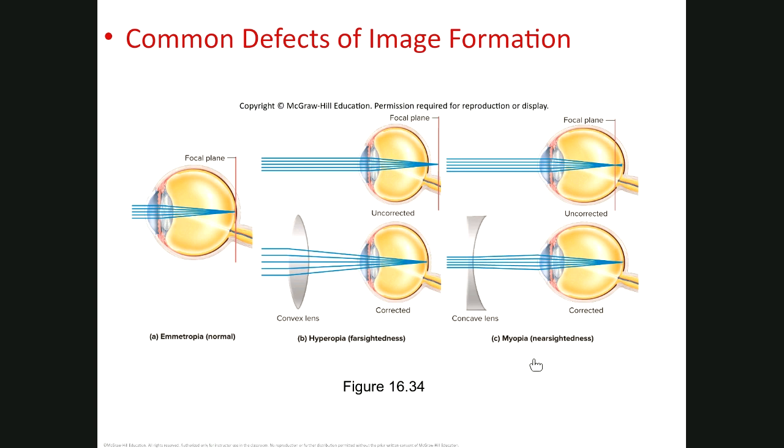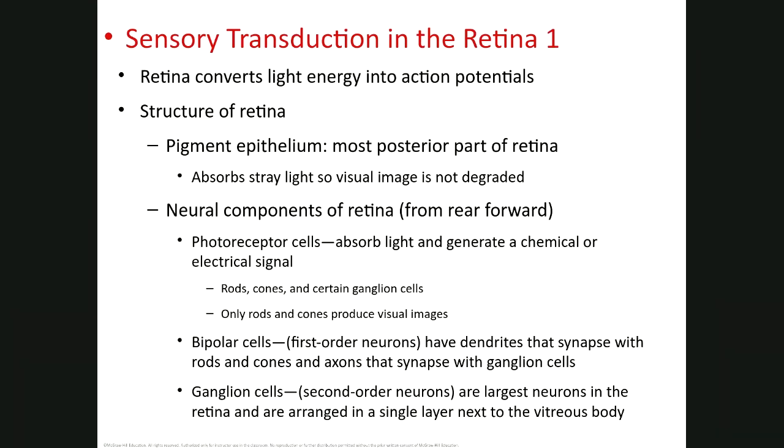Now, as we move on, you will find out that the retina is able to pick up vision because of transduction. Transduction happens when the retina converts light energy into action potential.